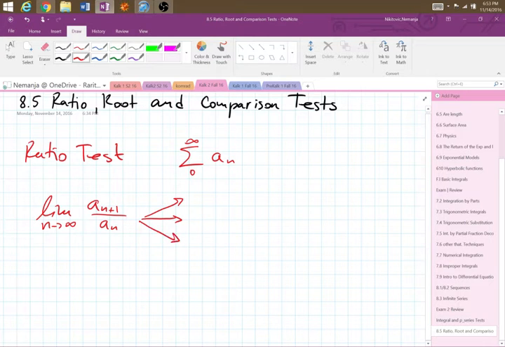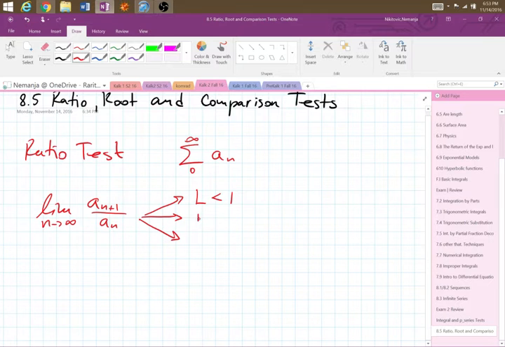Now, this is what you have to memorize. If you get a finite value smaller than 1, so negative half or 0.8 or something, or you can have the limit equal to 1, or you have the limit larger than 1. So these are your 3 options.